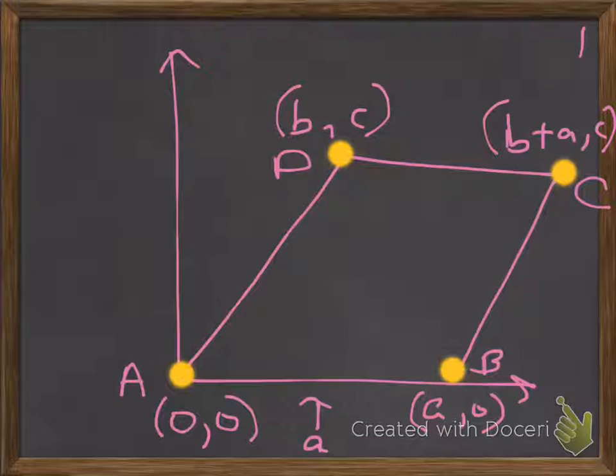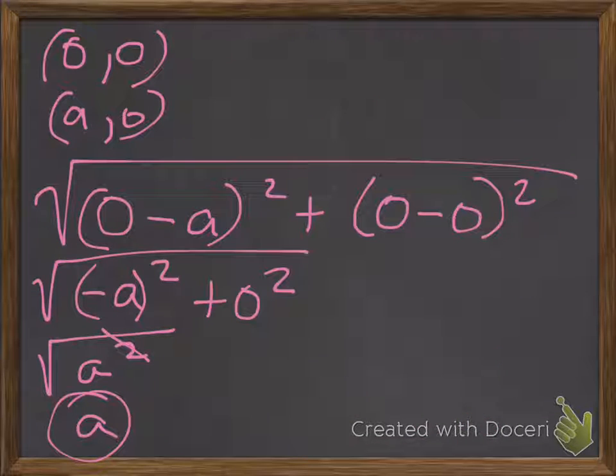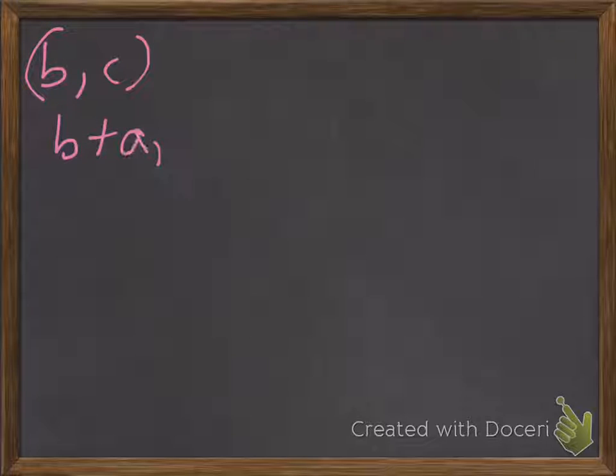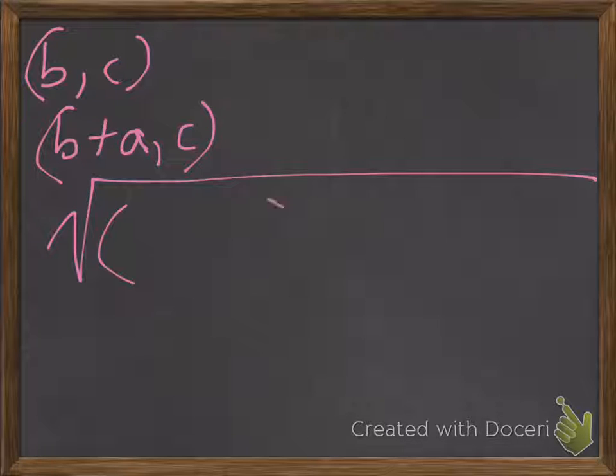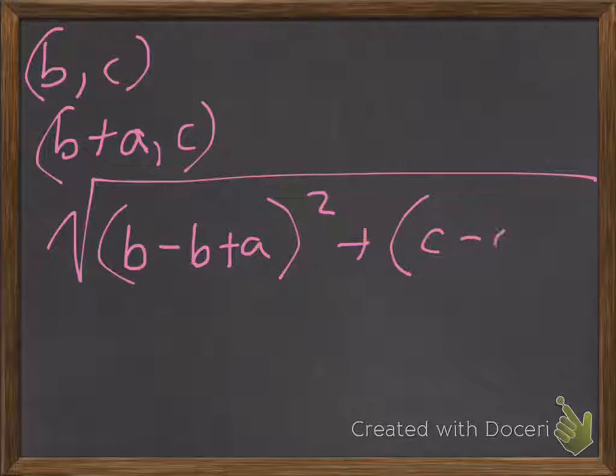And then we do the same thing for DC, so that's BC and B plus A comma C. So B minus B plus A squared plus C minus C squared.